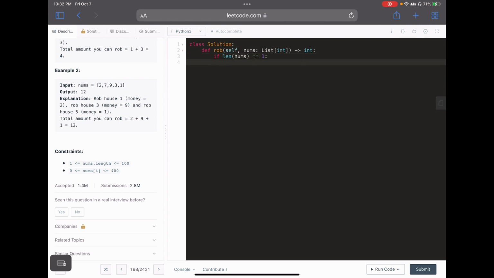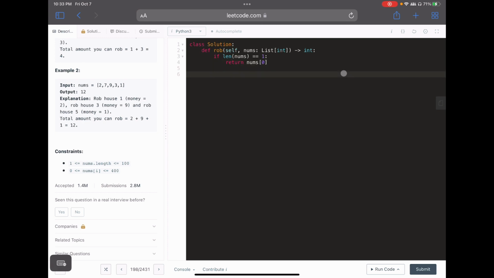Well, the length of our array is equal to 1, and that means that we have just a single digit here. So just one thing here. And we just want to basically return that value, the nums at that value. Nums at 0, because nums at 0 would give us that one value right there.